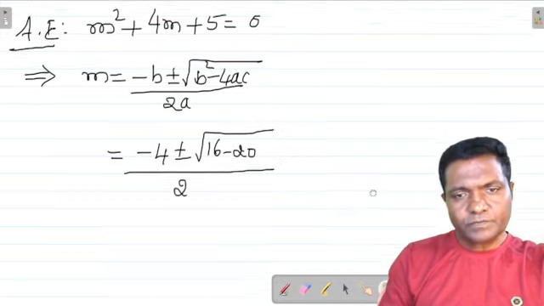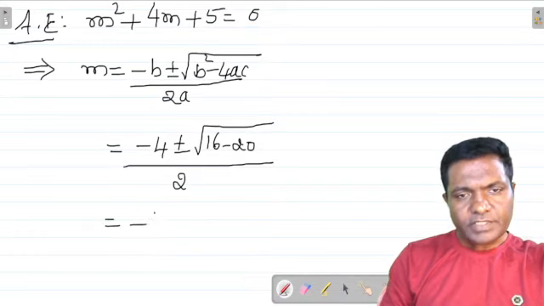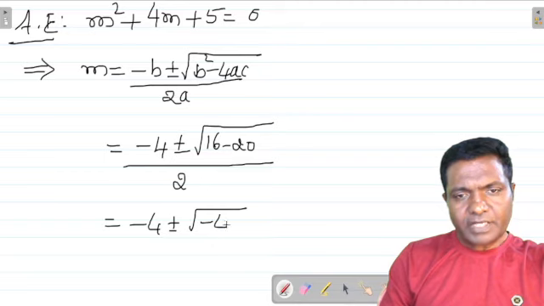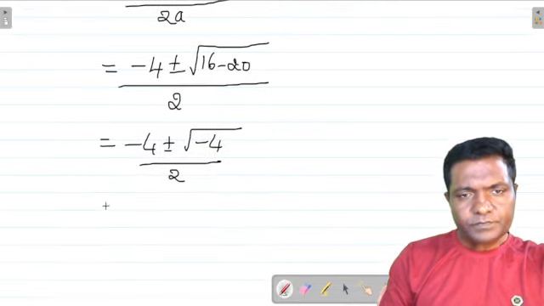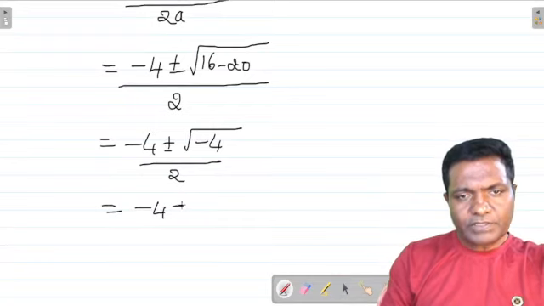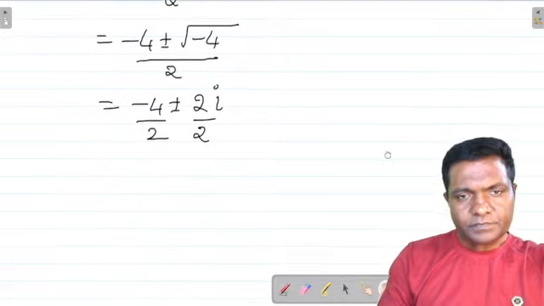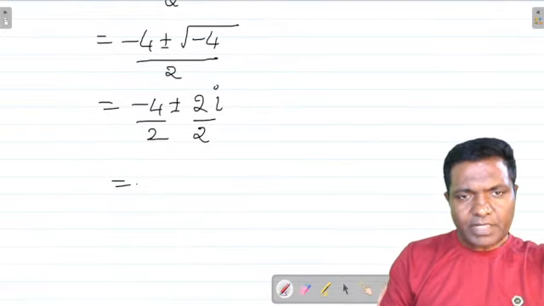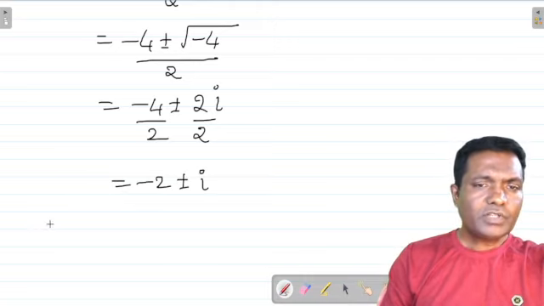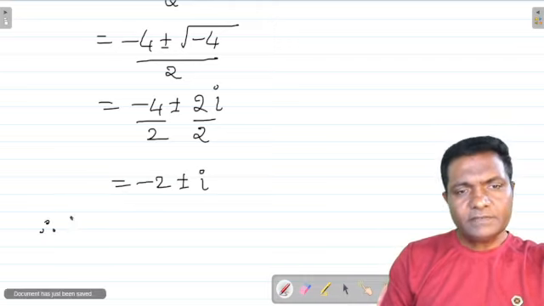So minus 4 plus or minus square root of minus 4 by 2. This gives minus 4 plus or minus 2i by 2, so you get minus 2 plus or minus i. So the roots are complex here.